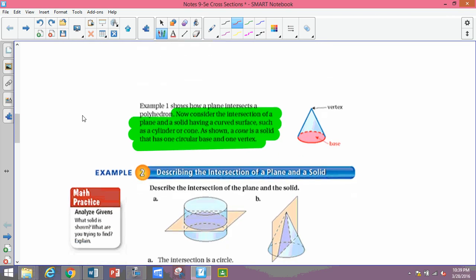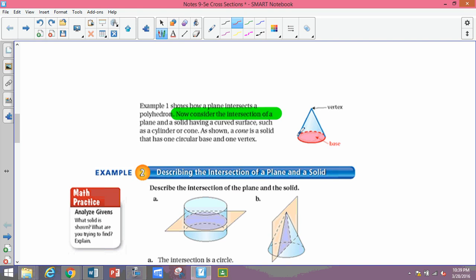Okay, so you are going to sometimes, though, have cross sections with solids, three-dimensional shapes, that are not straight in terms of size and are going to have curved sides or curved surfaces, such as a cone or a cylinder. This is a cone, okay?